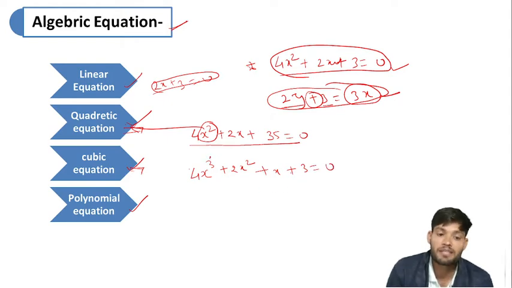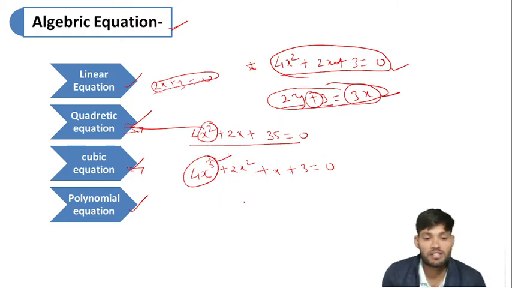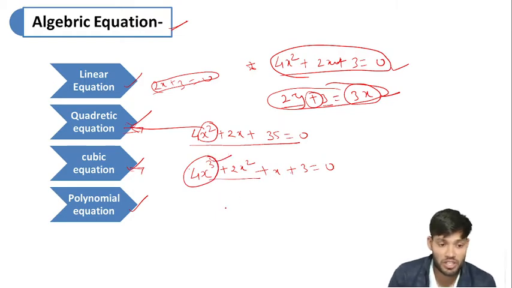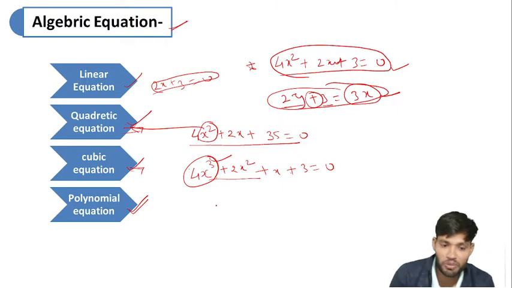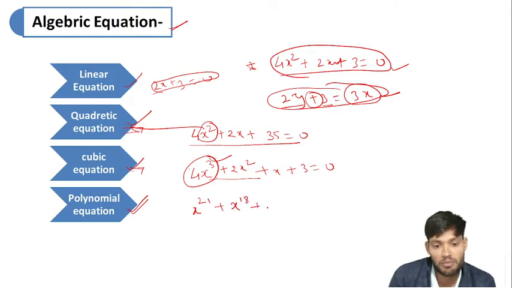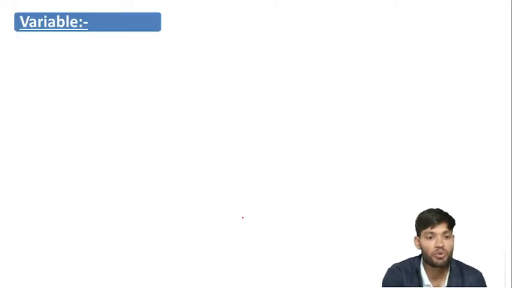Here the maximum power of x is 3, so this equation is a cubic equation. A polynomial equation has more than 3 power of the x variable, like x to the power 21 plus x to the power 18 equal to 0. This type of equation is known as a polynomial equation. We will move on to the next slide.